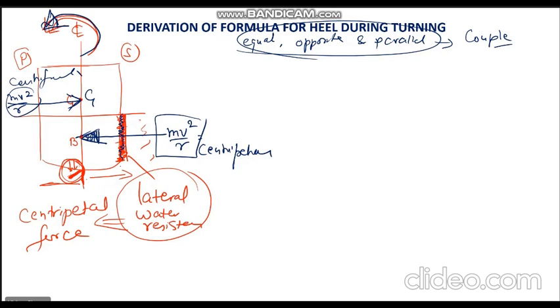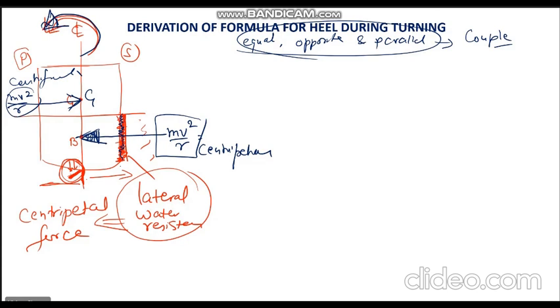So when the ship starts heeling, the righting lever comes into existence. That starts causing the righting moment. As long as the heeling moment continues to be more than the righting moment, the vessel will continue heeling. And when both become equal, that will be the angle of heel at which the vessel will reach equilibrium. Correct?